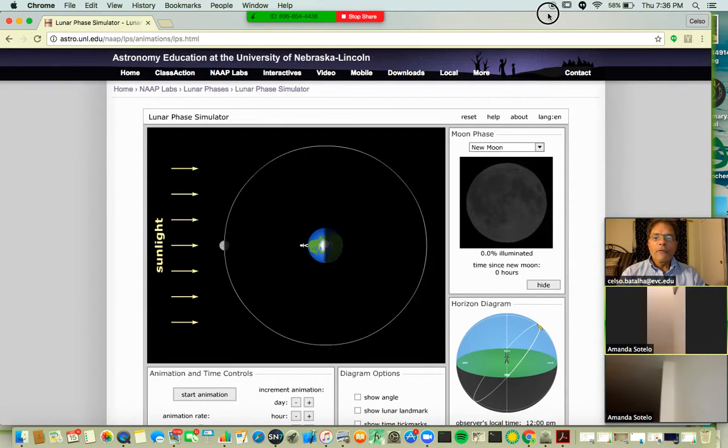So the lunar phase simulator displays the sunlight. The sun is somewhere to the left, and you have the moon orbiting Earth, with Earth in the middle. The orbit appears to be a circle, but by now you know it's not.